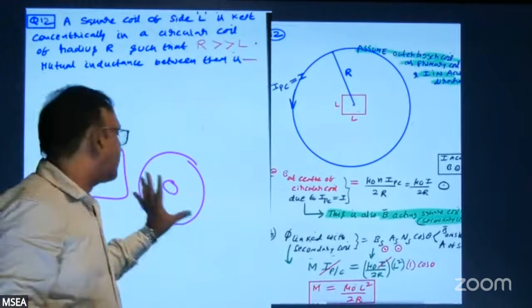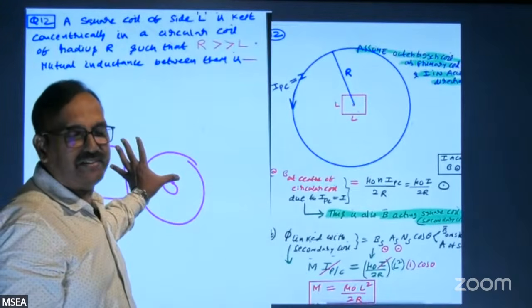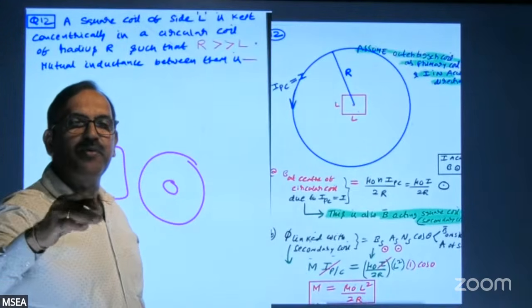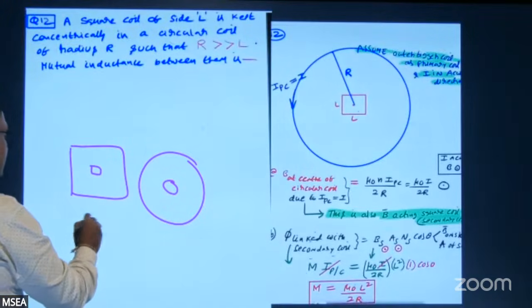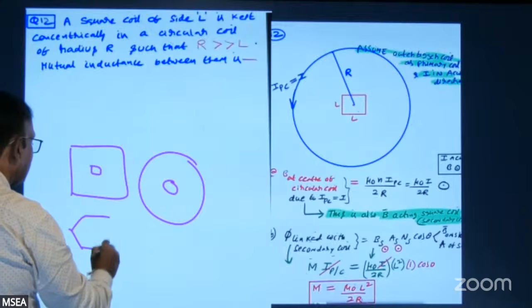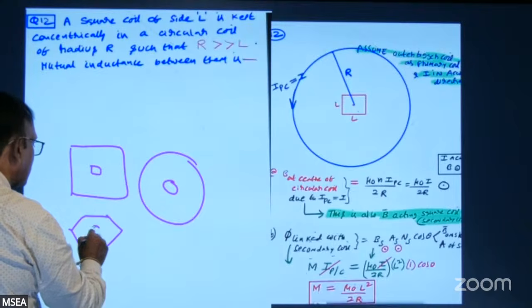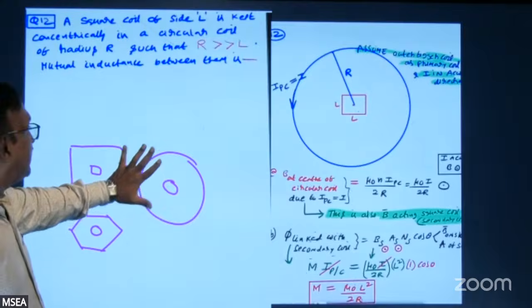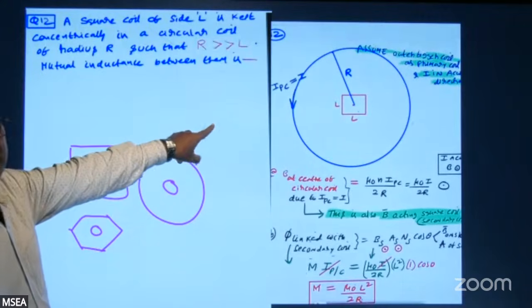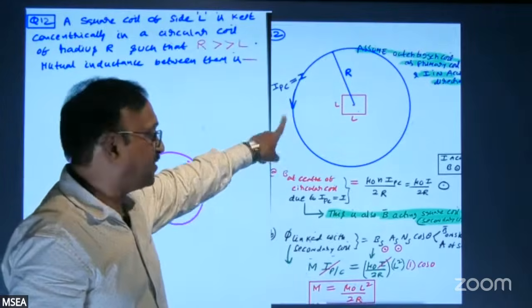These are routine questions since decades. In the last 3-4 years, they changed the style. They started asking, within a hexagonal coil you have a circular coil or a triangular coil, and then asking mutual inductance there. Now here is a simple possible question for the exam.